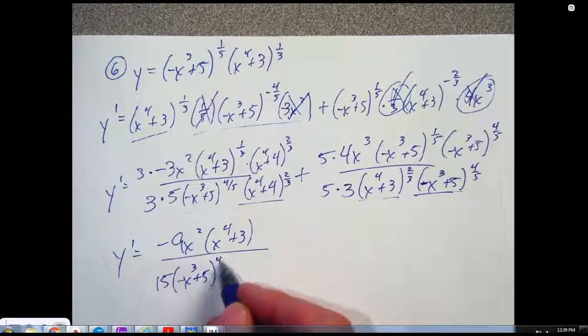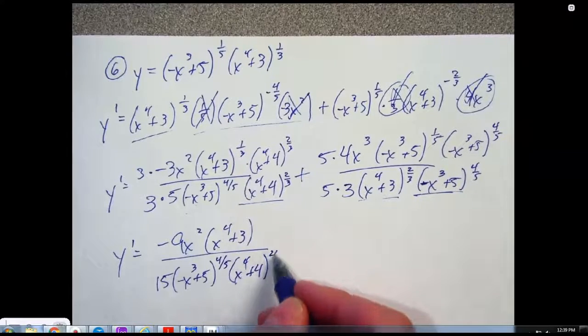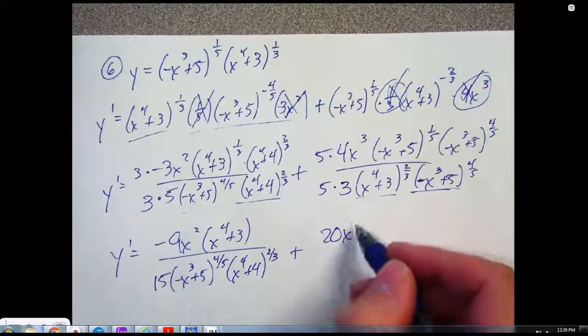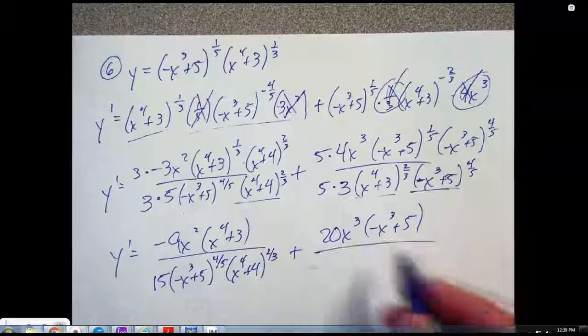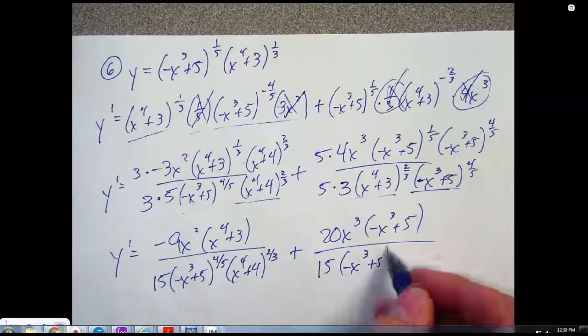And then now I have both of these chunks here. And both of these chunks are in both parts. So here I have 20x cubed times negative x to the 3rd plus 5 over the exact same denominator.